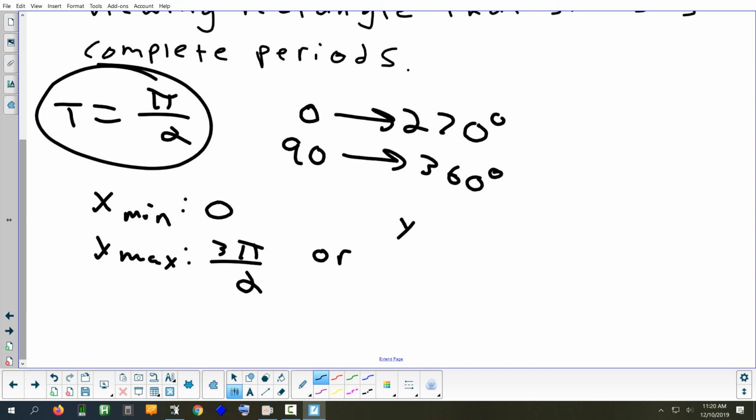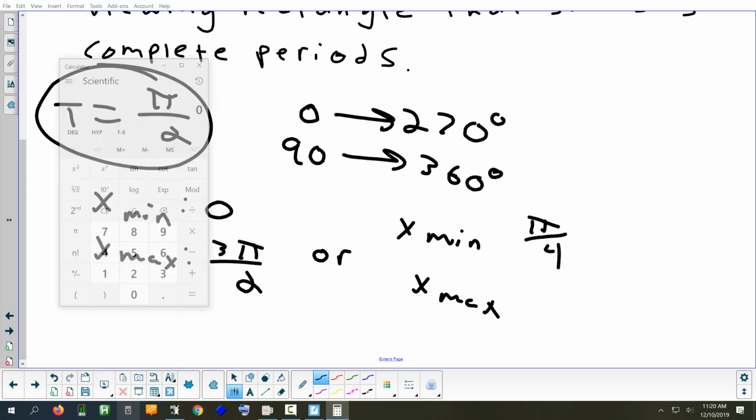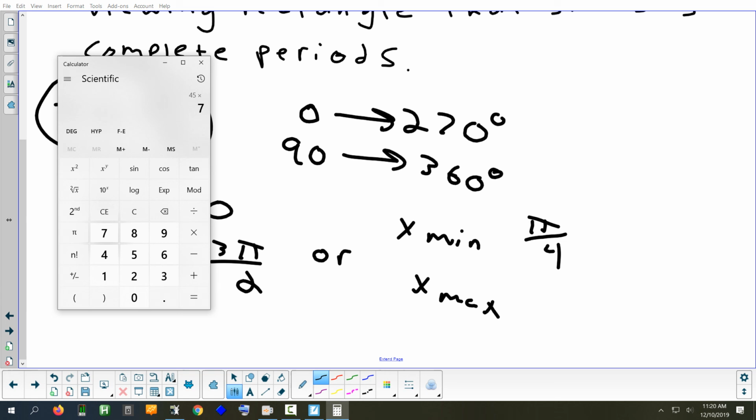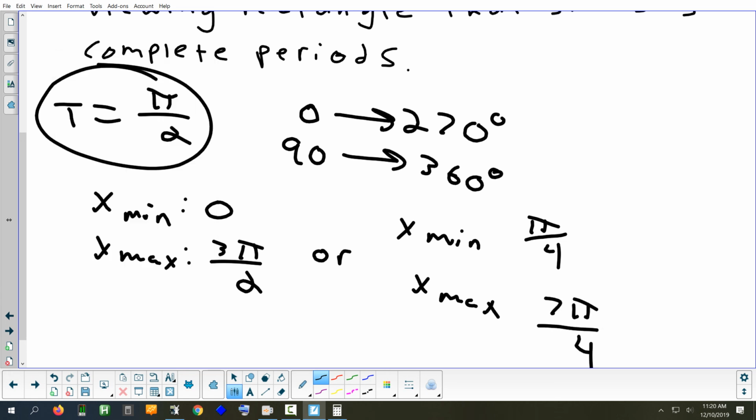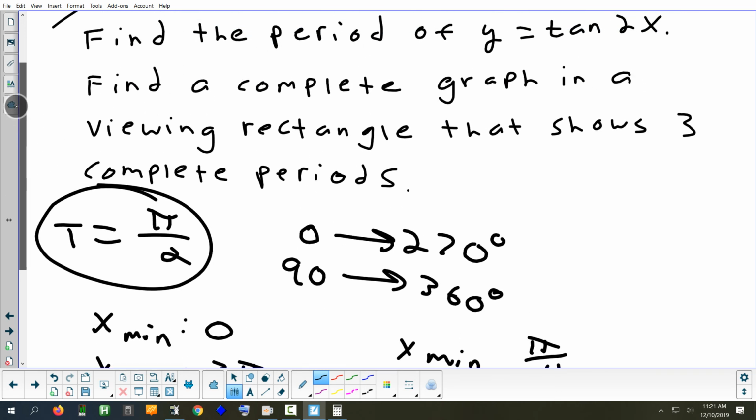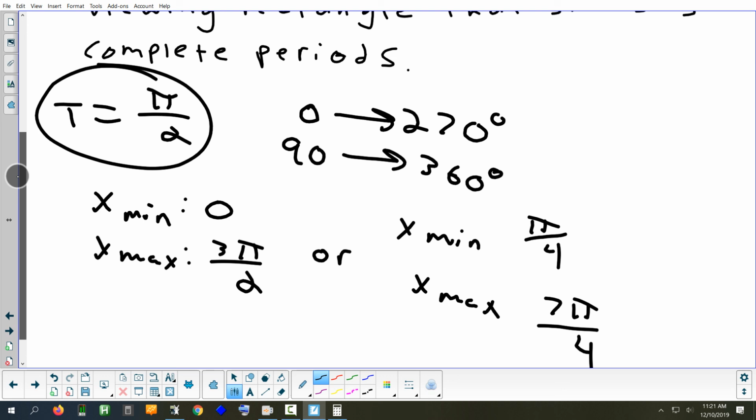Or the second time, we did 45 degrees, which is pi over 4, to 315, which is 45 times 7. So 7 pi over 4. I'll use radians from now on, but I was already in degrees for this one. Okay. Any question on that?